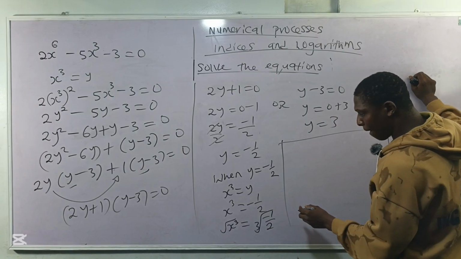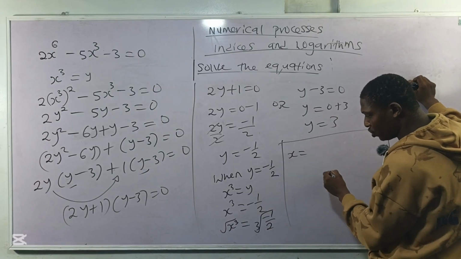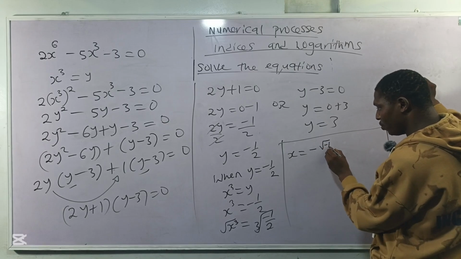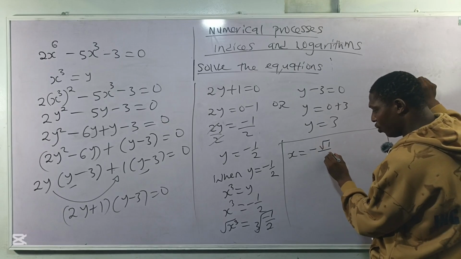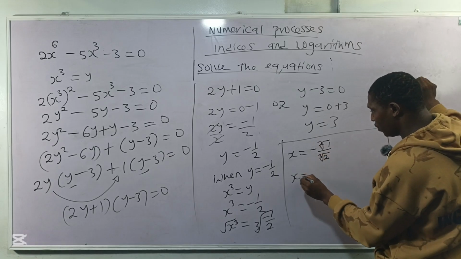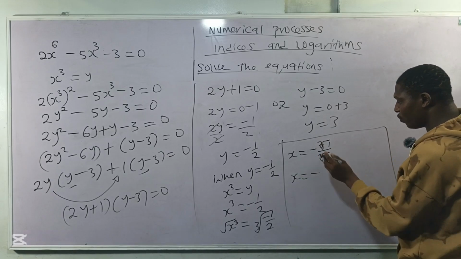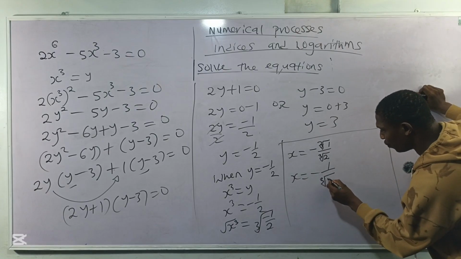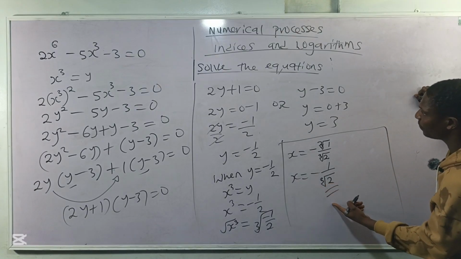This will give me x to be equals to negative cube root of 1 all over cube root of 2. So x will be equals to negative cube root of 1, which is 1, all over the cube root of 2. So this is my answer for my first x.